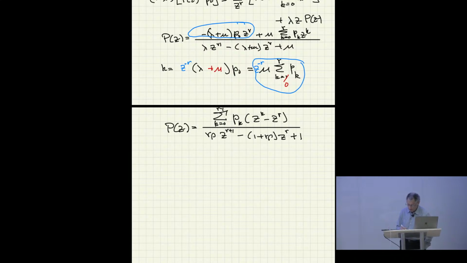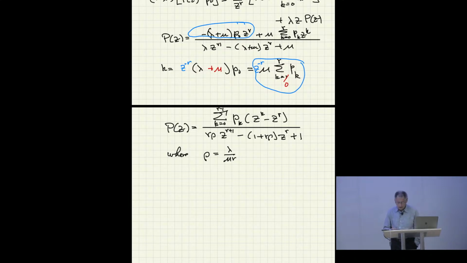Namely, I've divided by mu, where I've changed that lambda to a rho, as you'll see in a moment. Rho is equal to what you would expect. It's lambda over mu r. It's mu r because I'm pumping r people out at a time at a rate mu. So that's basically the service rate, looking like that bulk arrival system.